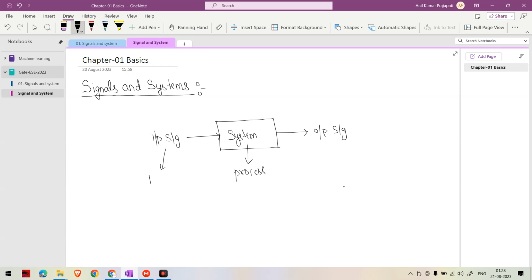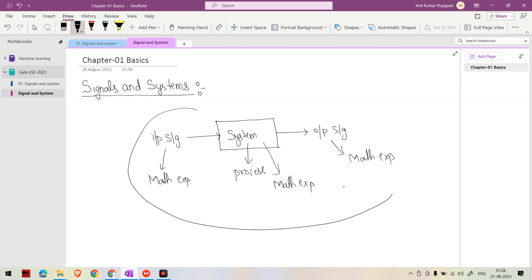For example, we will convert it into a math expression. Similarly, this system response into a math expression, and the output in terms of a math expression.